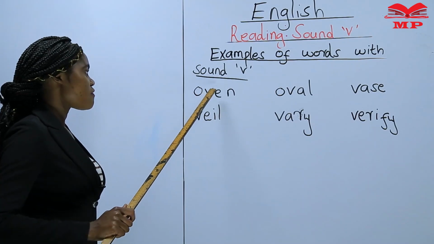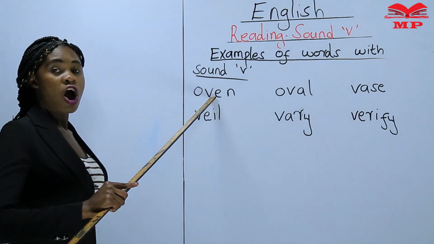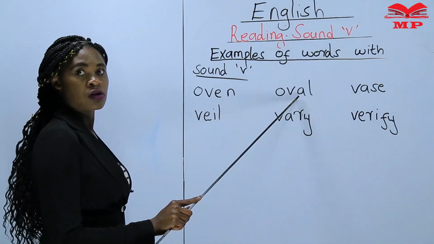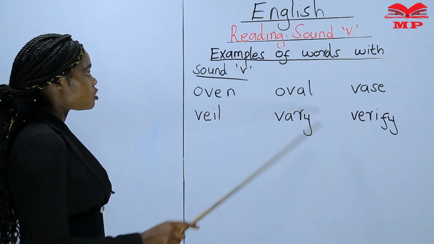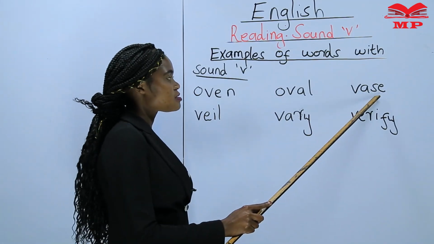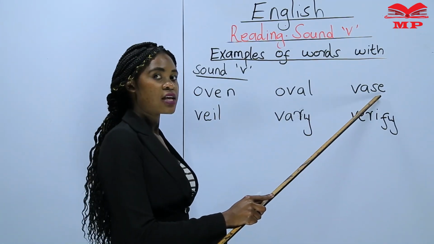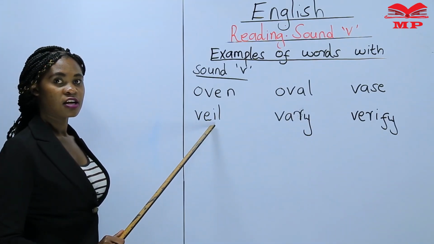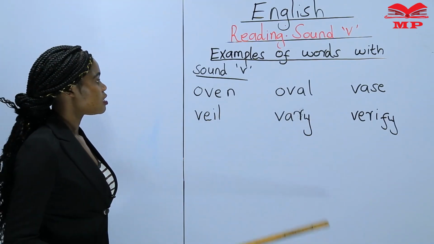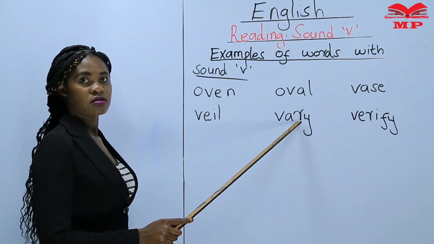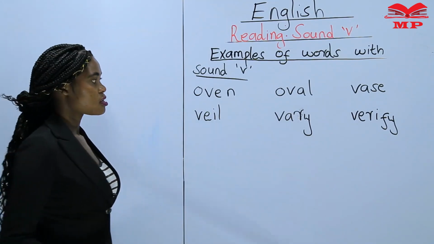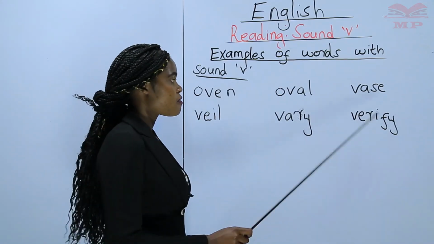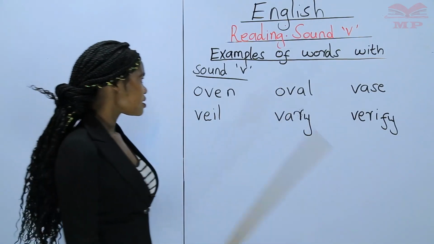First word, oven. Oven. Oval. Oval. Vase. Vase. Veil. Veil. Vary. Vary. Verify. Verify.